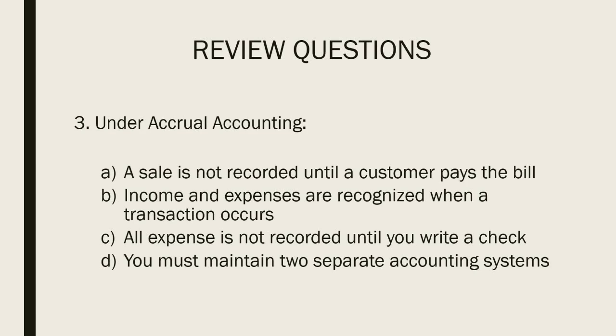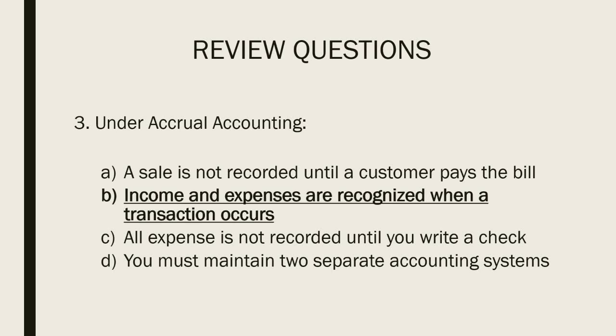Number 3, under accrual accounting, B: income and expenses are recognized when a transaction occurs.